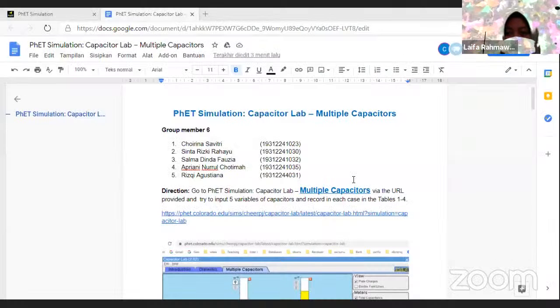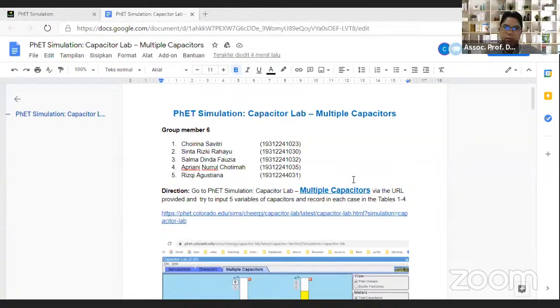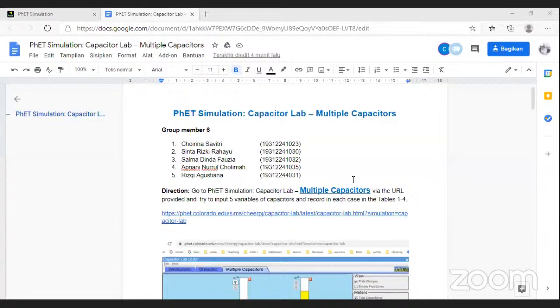Okay, got it. I see your screen. Okay, good. So we go to table 1. Salma Dinda.